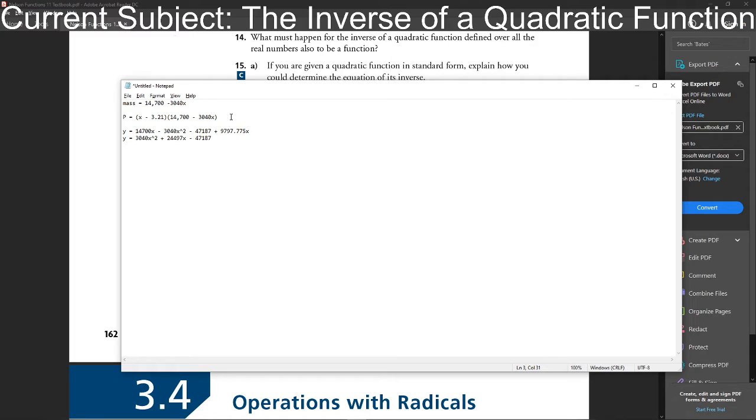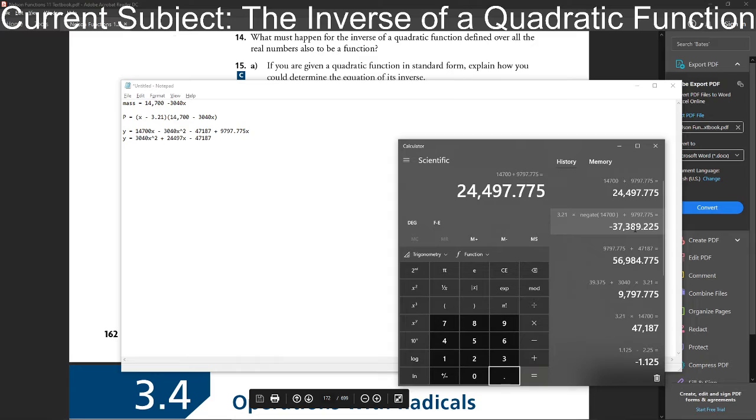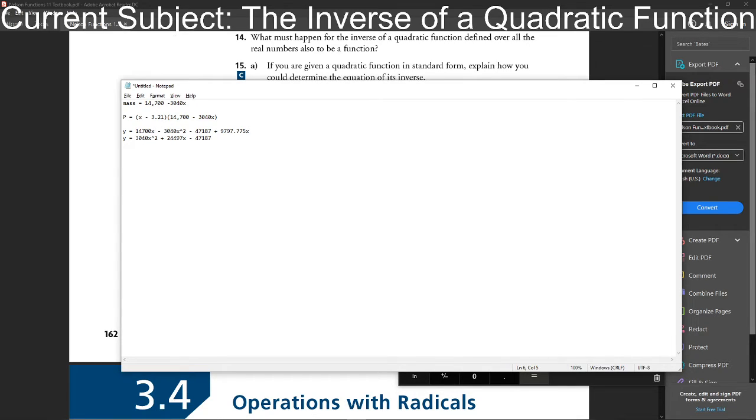What am I missing here? Did I not put a negative in the calculator? Oh wait, meant that one, right.